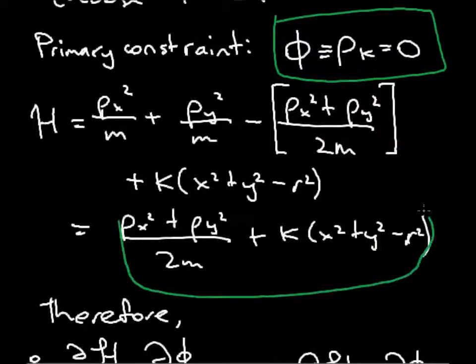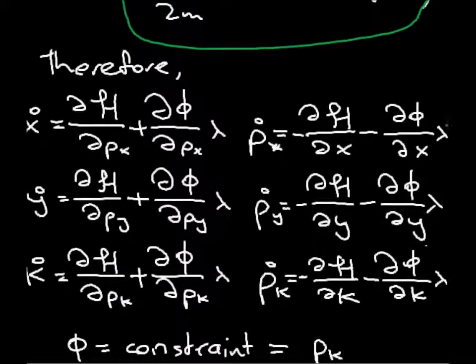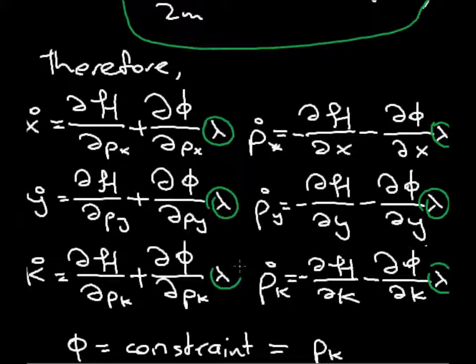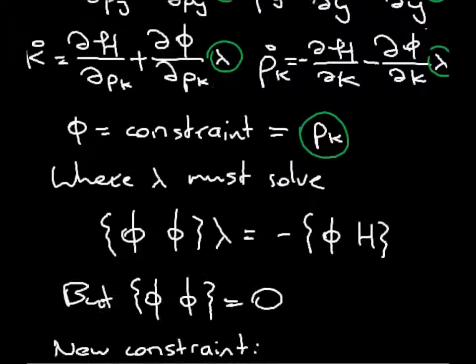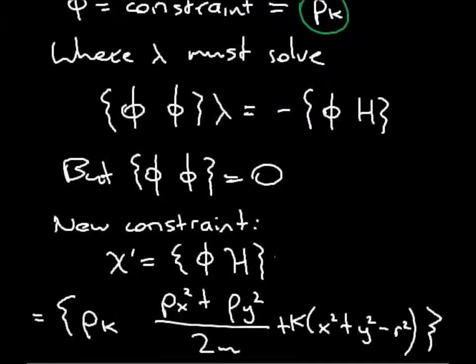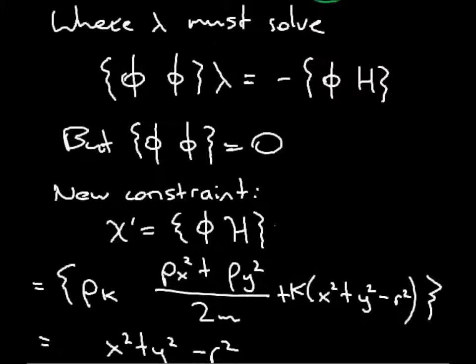These Hamiltonian equations give one possible instantaneous evolution away from one point on phase space, but any choice of lambda is equally valid, so we want to strategically pick one lambda that will keep pk equal to 0. And we can see here that the Poisson bracket has nothing to do with lambda. This phi doesn't generate a consistency condition for lambda, rather it produces a new constraint.